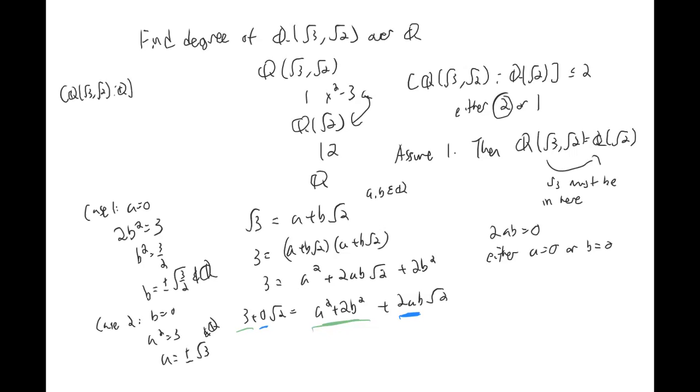The degree of Q adjoin root 2, root 3 over Q is given by 2 times 2, which is 4. Yeah?